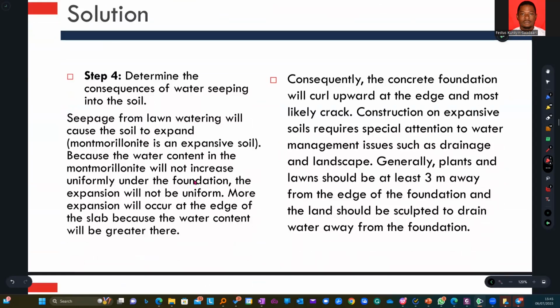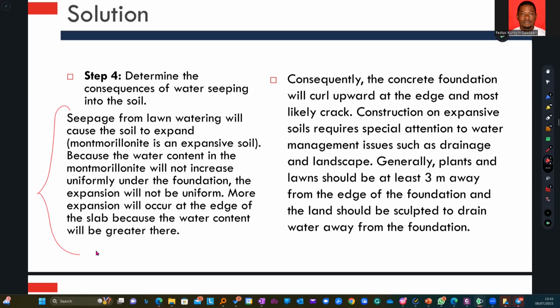So it is then asking us to determine the consequences of water seeping into the soil. Seepage from lawn watering will cause the soil to expand. So what this is saying is, when you have put your slab over this type of soil, these are the effects it is going to exhibit.